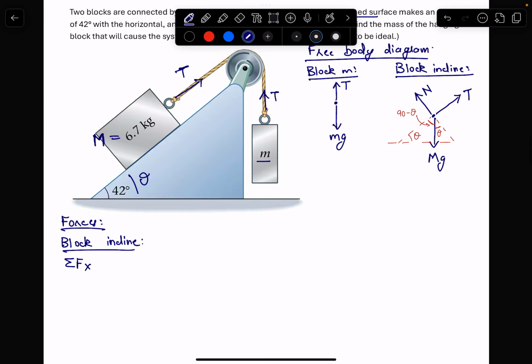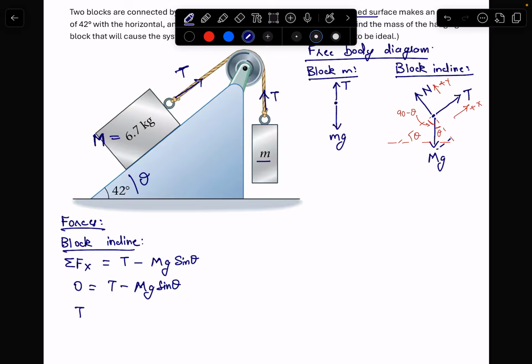Summation of f of x. I did not mention the direction of x. So this is positive x, and this is positive y. Summation of f of x is T minus the component of mg in the x direction, which is opposite of theta. Opposite of theta is sine. Now we know this system is not moving, it's in equilibrium, so it's equal to 0.